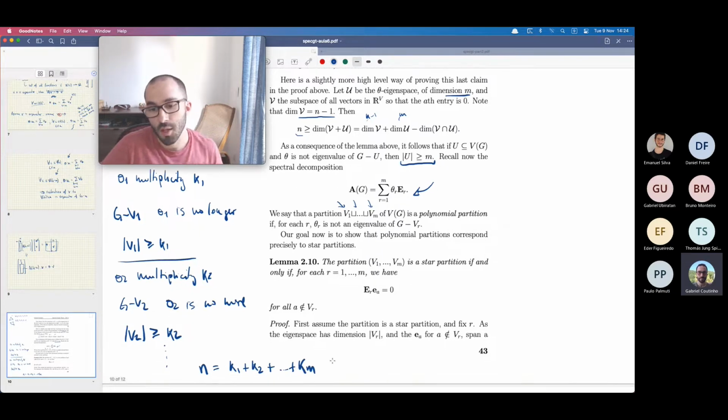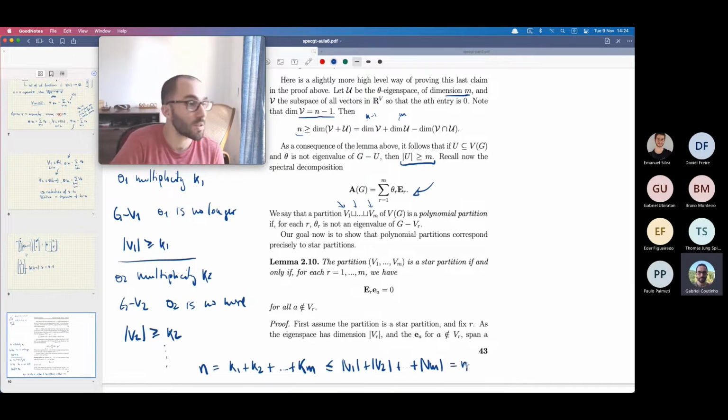Now, each one of these is less than or equal to the size of V1, size of V2, dot, dot, dot, size of Vm. Now, well, this also sums to n. It is a partition of the vertex set. Therefore, equality is true here, and therefore equality must be true here.